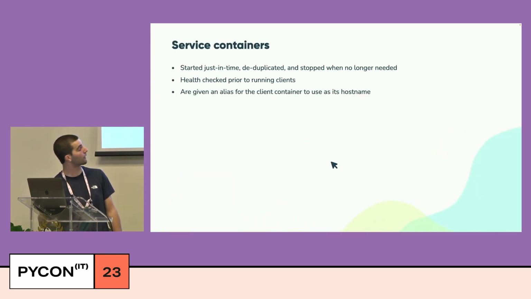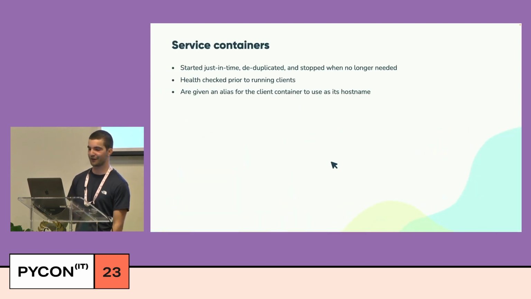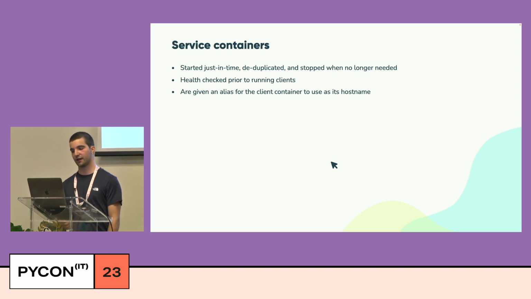The first feature of Dagger is service containers, which enables you to run a network of services like databases or web apps as ephemeral containers. It manages the whole life cycle of these ephemeral containers, and these services are started just in time, deduplicated, and stopped when no longer needed.